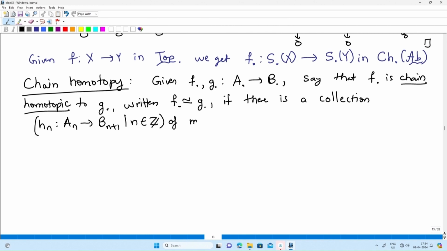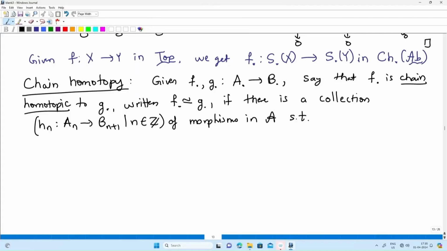of morphisms in A such that, so these are called degree 1 maps, degree 1 because it goes from An to Bn plus 1. Normally our chain maps are degree 0 maps, they go from An to Bn. Here we are not asking for any commutativity. That's also another point worth emphasizing.